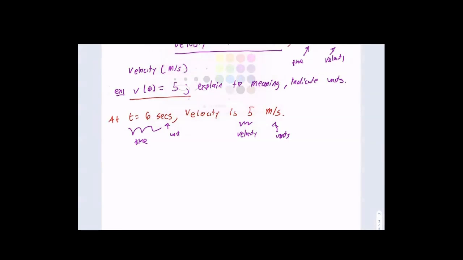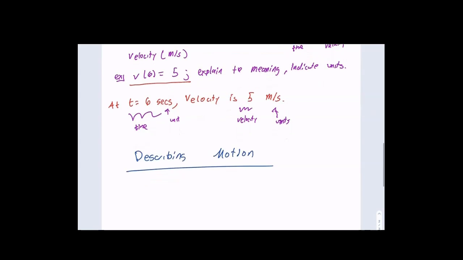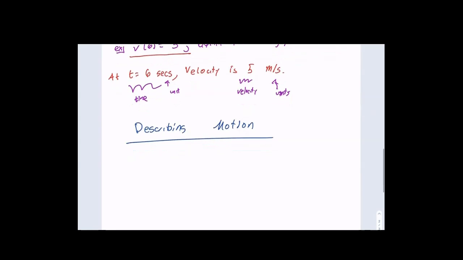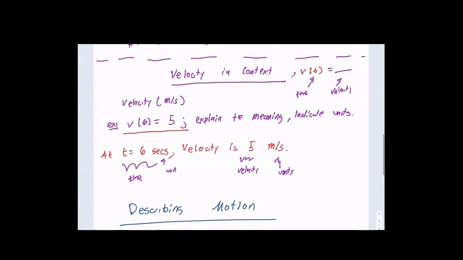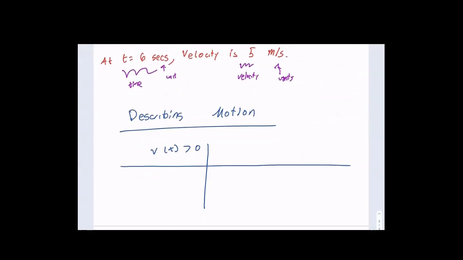Describing motion. So when we say velocity is 5 meters per second, what does that mean? So if the velocity is greater than 0, what is that?